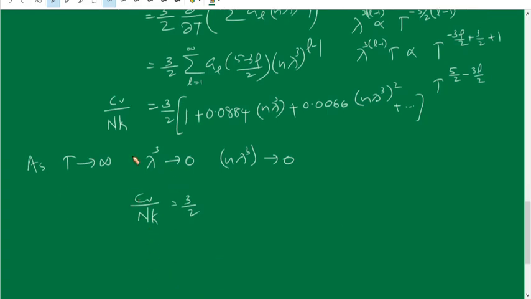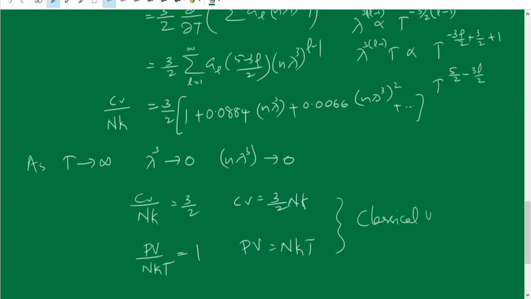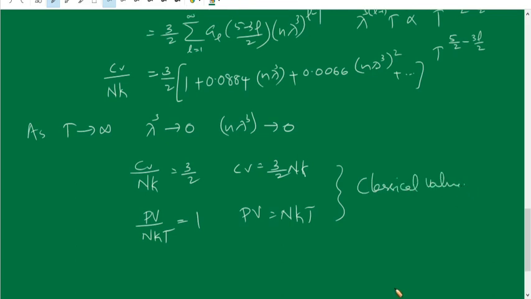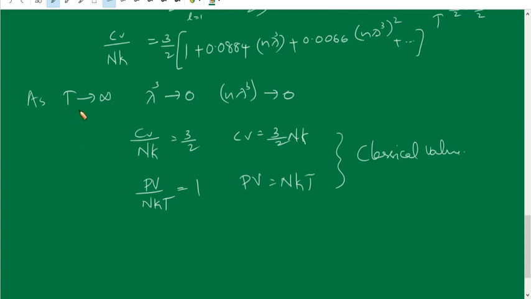Also, in the pressure, PV by NkT, all other remaining terms will be 0, only the first term exists, so it will be equal to 1. So PV is equal to NkT and Cv equals 3 by 2 Nk. These are the classical values. Now T is large but finite, not infinity.